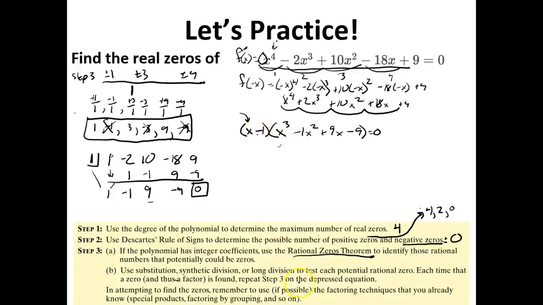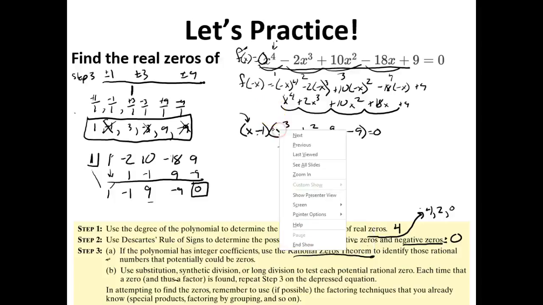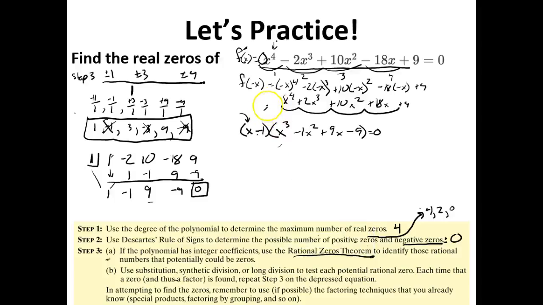So now I just depressed the equation. I'm going to go back a little bit to see if I can factor this down as well. Notice that this factor in this case has the same coefficients, 1 and negative 9, as this up here.